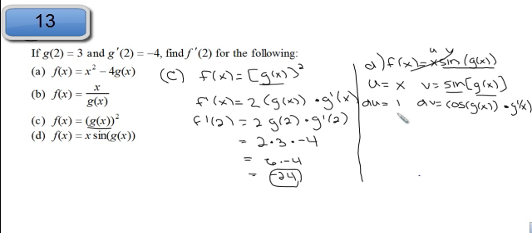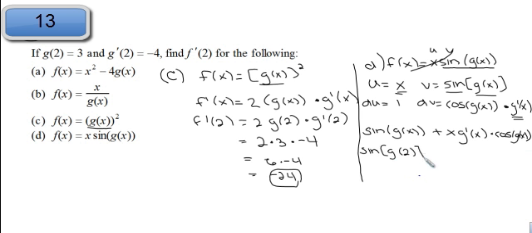So the derivative of u times v plus the derivative of v times u. I'm going to multiply the x times g prime of x, put that in the front, times cosine of g of x. So we need to find it when x is 2. So everywhere I see an x, I'm going to substitute a 2.